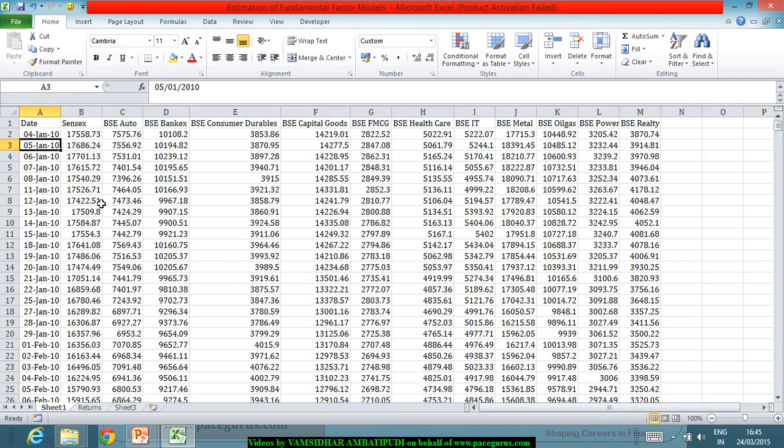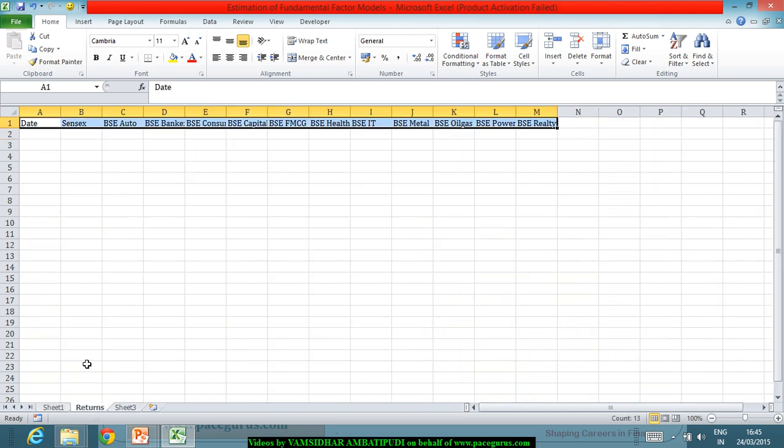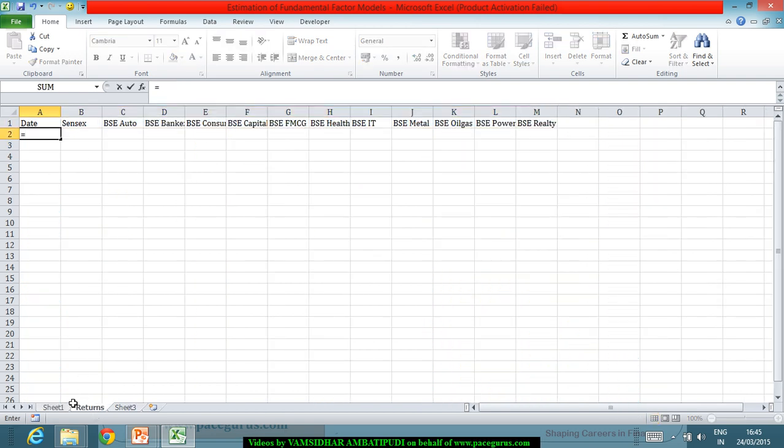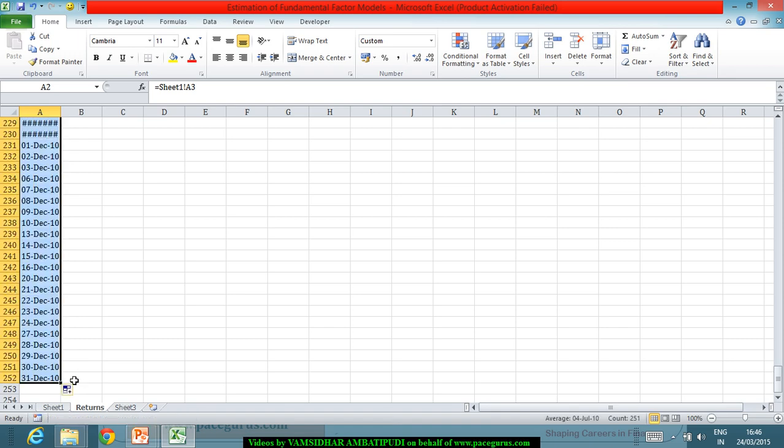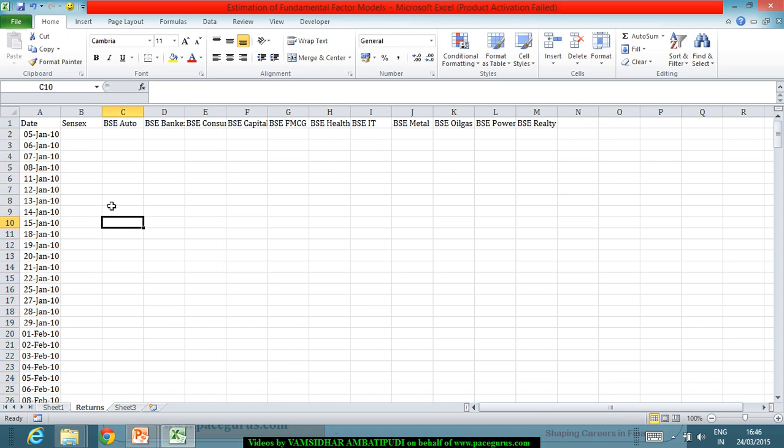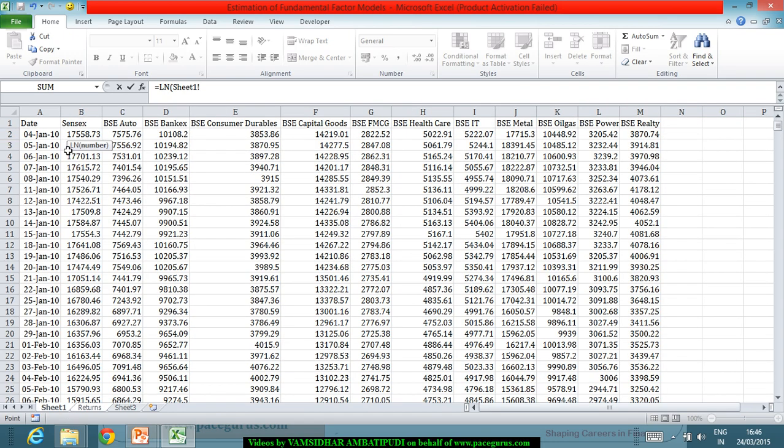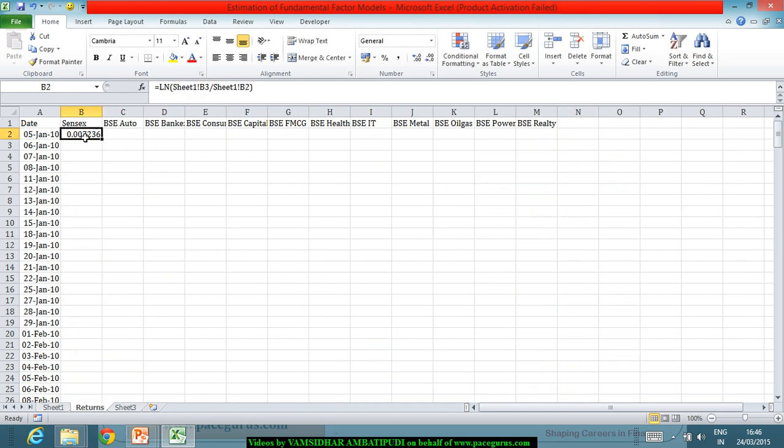Then I'll simply take the second row because I don't have the return as of the first date. So I'll take the return as of the second date, which is from 5th Jan. And if I'm looking at the return, I'll take it as the logarithm of the value on the 5th divided by the value on the 4th. Means today's value divided by yesterday's value.